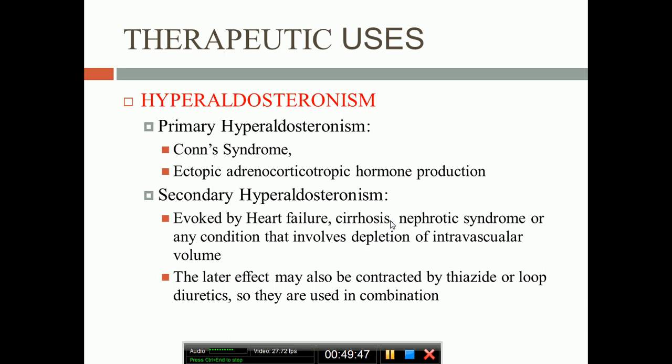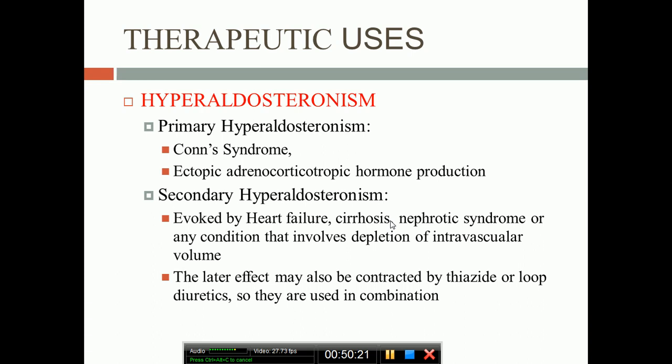So therapeutic uses are quite obvious. Hyperaldosteronism. Primary hyperaldosteronism is a disease in which there is no external cause, like Conn syndrome, or ectopic adrenocorticotropic hormone production, and ultimately aldosterone level will increase. While secondary hyperaldosteronism is evoked by heart failure, cirrhosis because of fluid overload syndrome, any condition that involves depletion of intravascular volume.